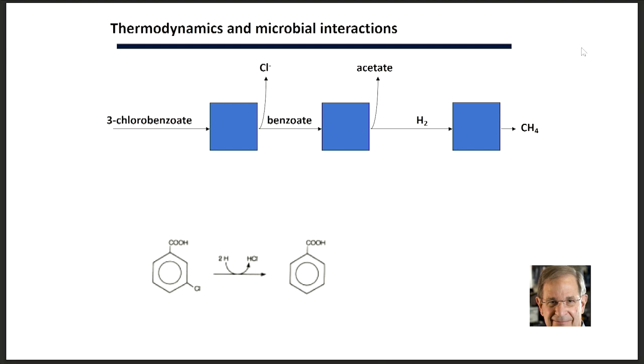The idea is that 3-chlorobenzoate is dechlorinated to benzoate, and benzoate is converted syntrophically via hydrogen to methane. So if you want to convert 3-chlorobenzoate into methane, you need at least 3 organisms: a 3-chlorobenzoate degrader, a benzoate degrader, and a hydrogenotrophic methanogen.